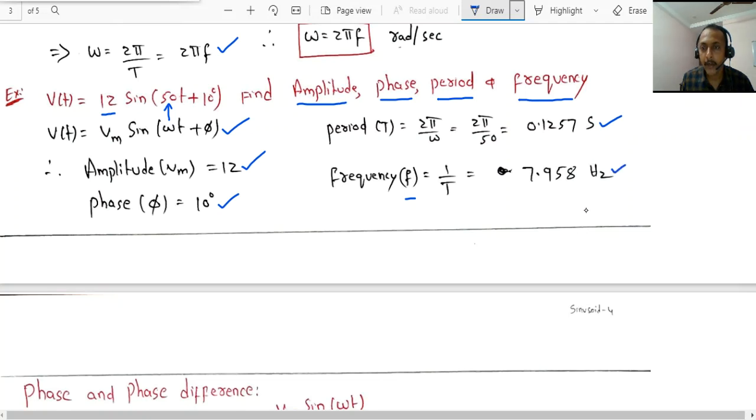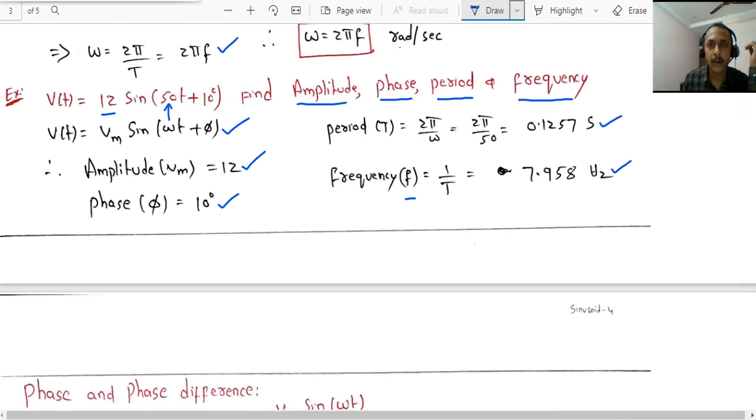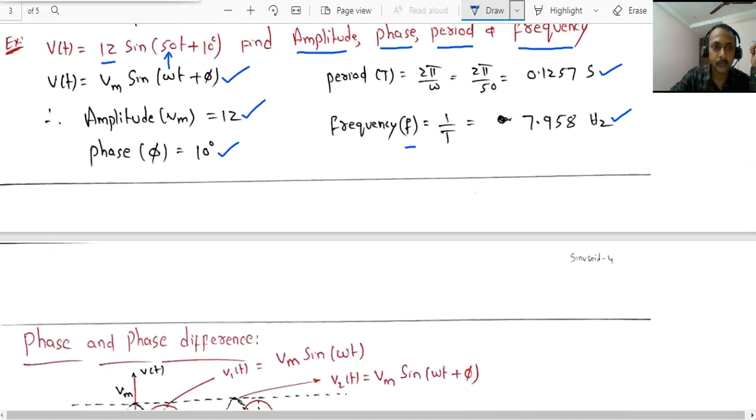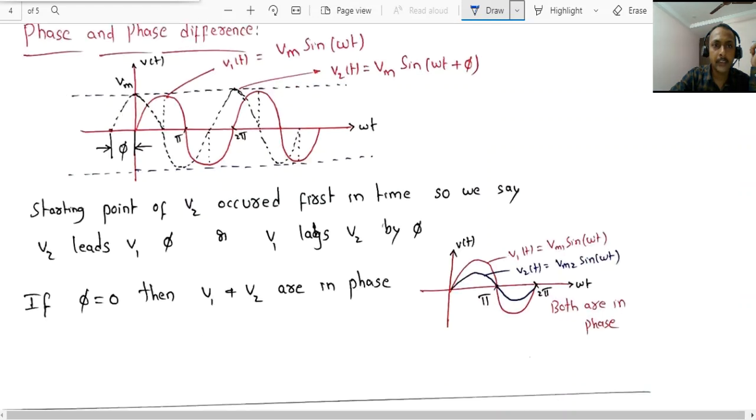We will get 7.958 Hz. This is how to find, for a given sinusoid, the amplitude, phase, period and frequency. Clear? Next, let me understand the phase and phase difference.